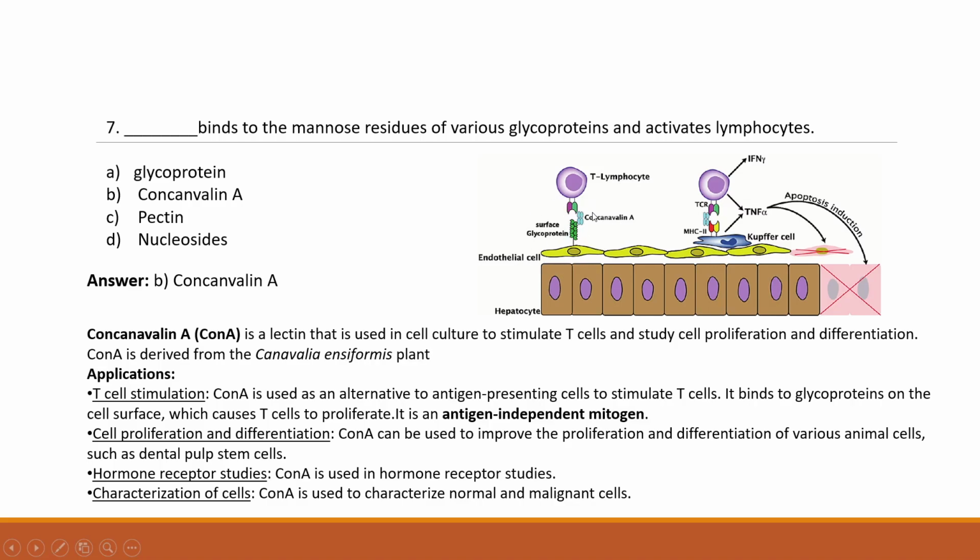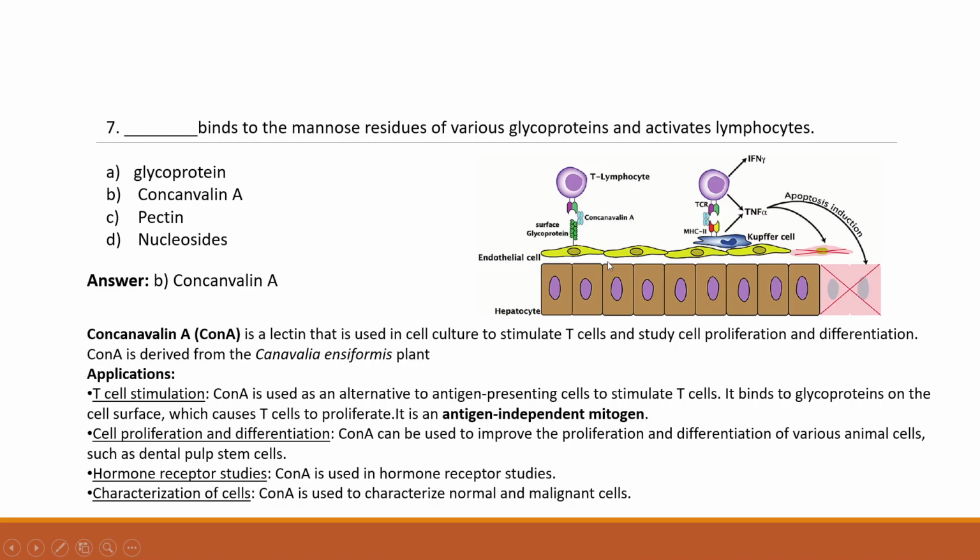Okay, so your concanavalin is working somewhat like your antigen presenting cell, helping your T lymphocyte to identify these surface glycoproteins. Here is your endothelial cell. This endothelial cell has this glycoprotein. It depends on what type of cell it is.